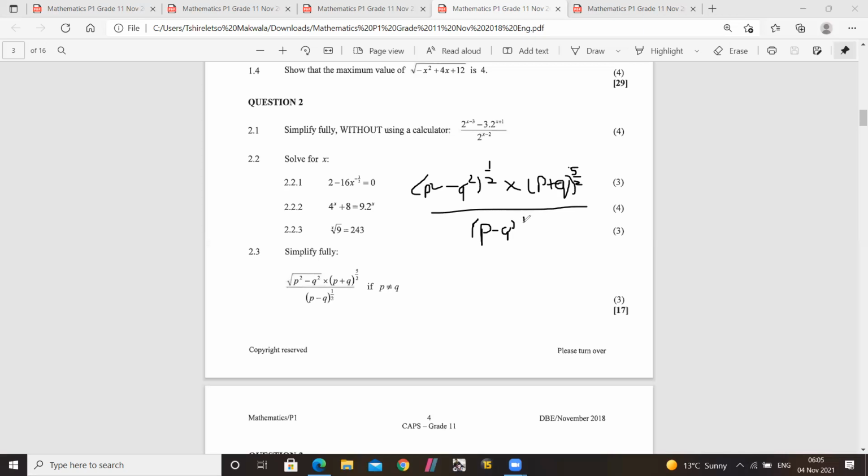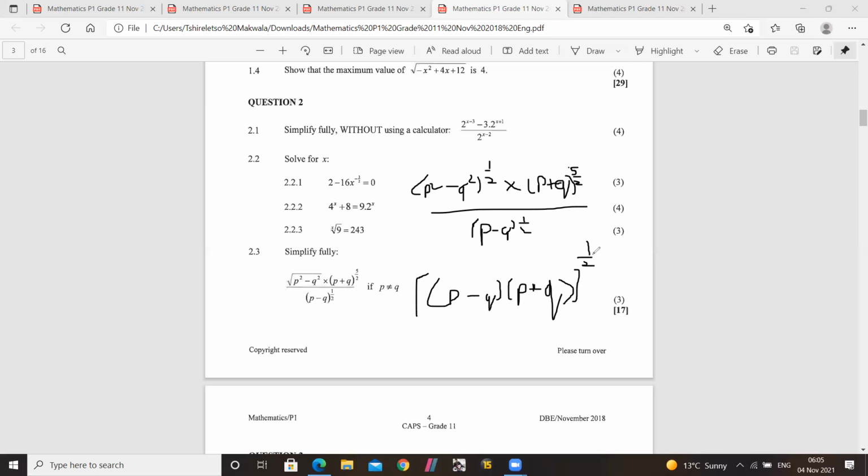So what will be the next step after here? You're going to change this first, because this is the difference between two squares, so you're going to factorize it. So it's p minus q, then p plus q, and this whole thing is to the power of a half, right?